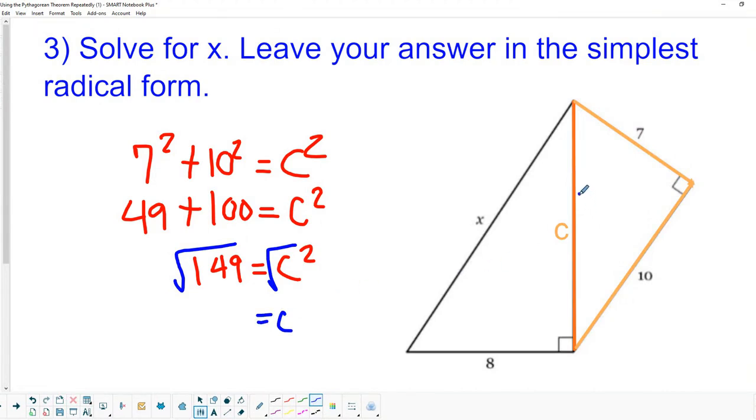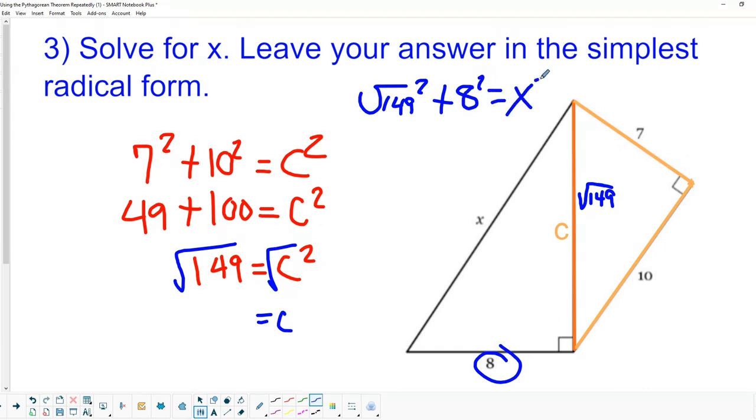I'm going to write this as a radical, square root of 149. We could take that square root and get a decimal, but it's easier to do the next problem when it's in this form. So now that we know what c is, we just do our next problem here, which would be the square root of 149 squared, or a squared, plus b squared down here, equals x squared.